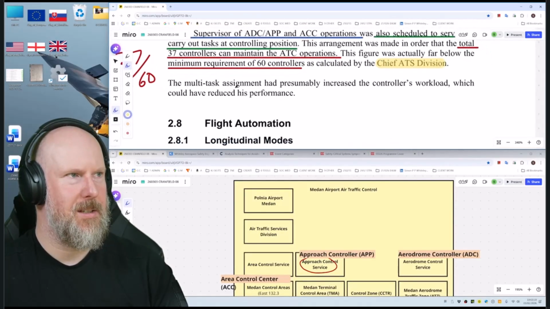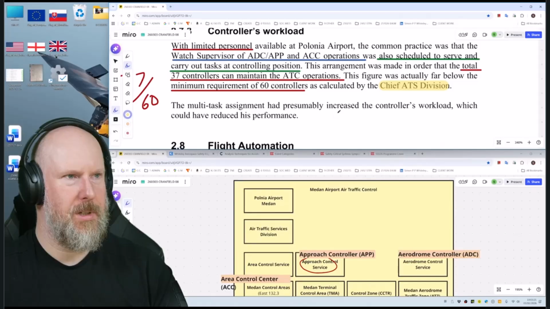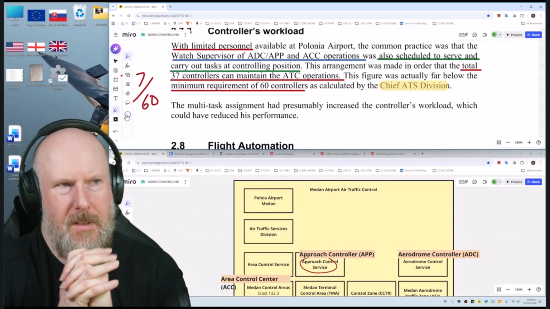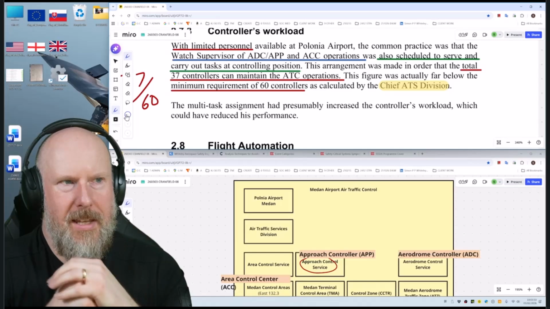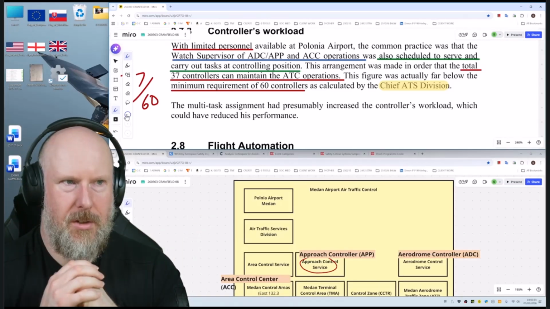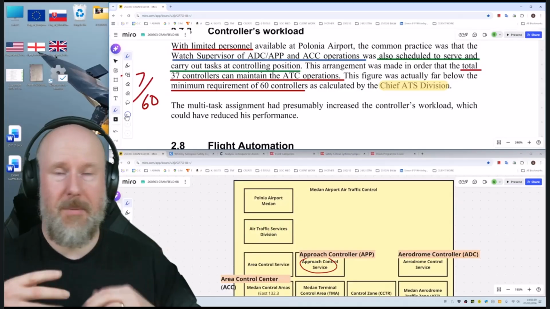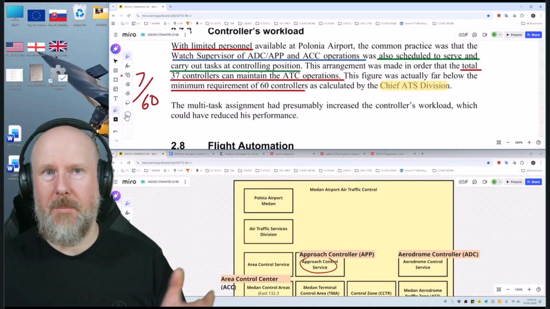The multitask assignment had presumably increased the controller's workload, which could have reduced his performance. Okay. Because this is the thing, it's saying this as presumably it's increased the controller's workload, which could have reduced its performance. On the day, maybe it was a light workload, so it's not a big deal.